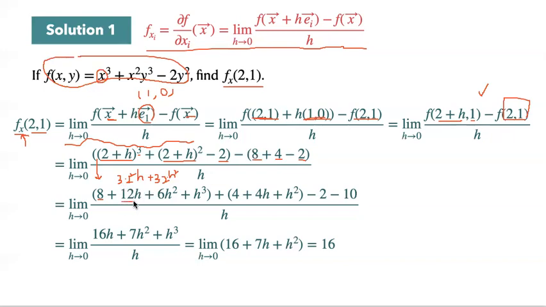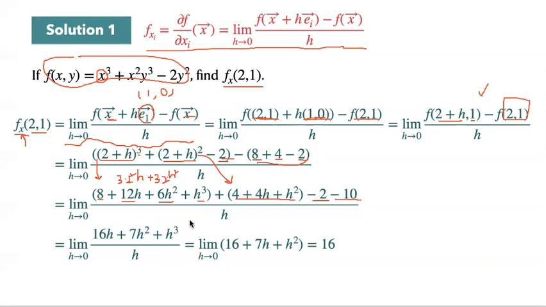So it is 12h and 6h squared plus h cubed. And also if we simplify this one, then 4 plus 4h plus h squared. So this minus 2 is just minus 2. And here we get 10, so it is minus 10.